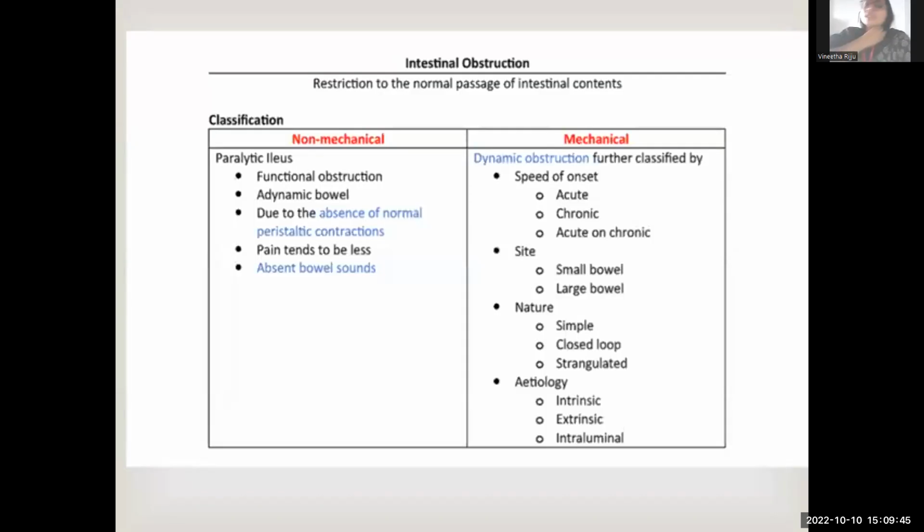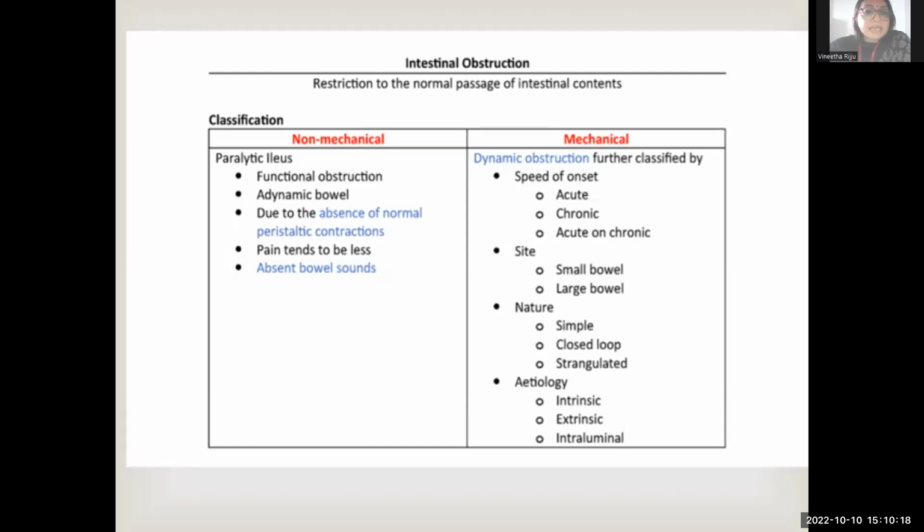So now coming to the classification of intestinal obstruction, I would say that we could classify intestinal obstruction into mechanical and non-mechanical. We do know that there is something obstructing the intestine, isn't it? So what could it be?